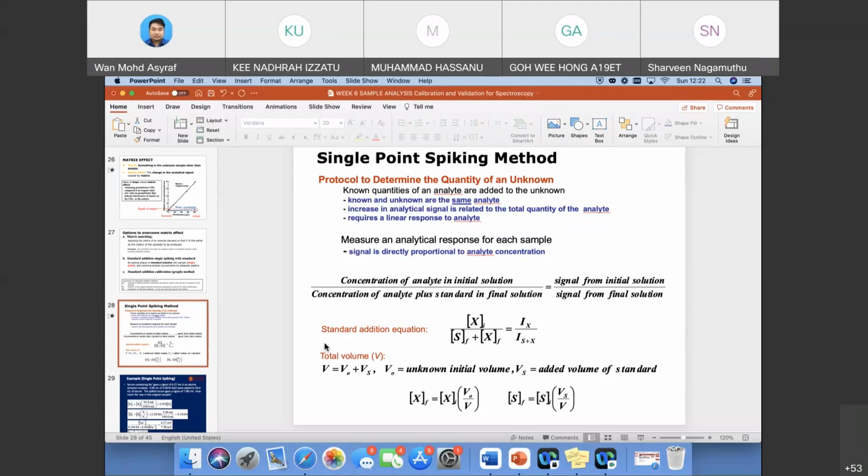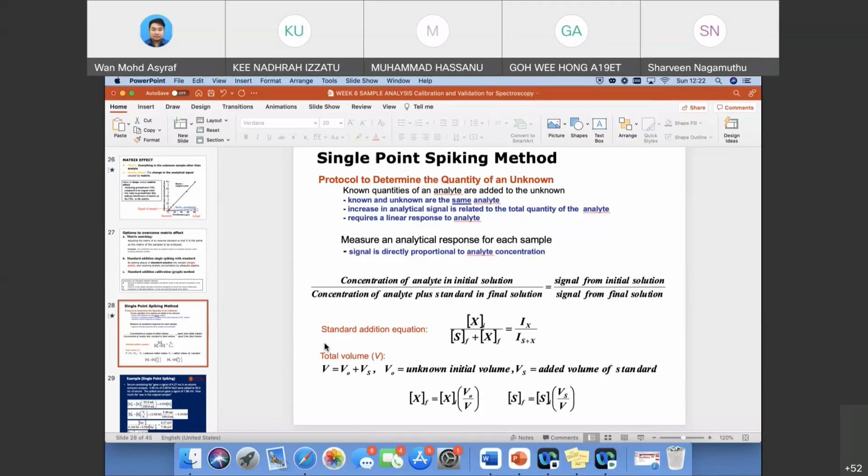You put 1 ppm inside the sample, and then you've got about 10 signal after that. So indirectly, you can know that 1 ppm is equal to 5. So where does this other 5 come from? It comes from the sample itself. So the extra 5 corresponds to 1 ppm as well.